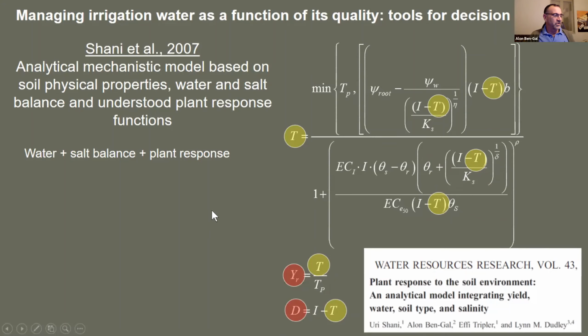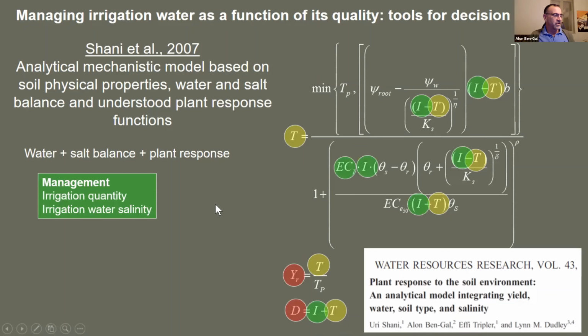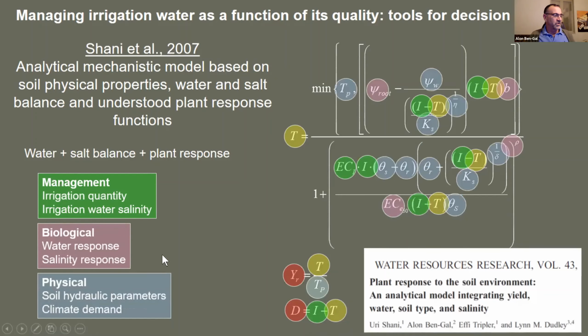It's a steady state model, fairly simple to run, because all you really need are a few management parameters, irrigation quantity and water salinity, some biological parameters about the expected response to water and salinity of the crop in question, and some physical properties, mostly soil hydraulic parameters and climate parameters.